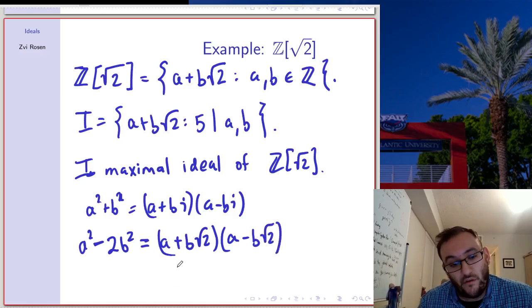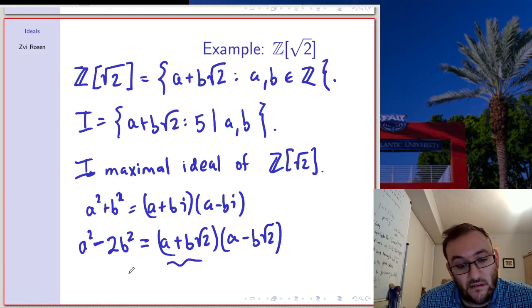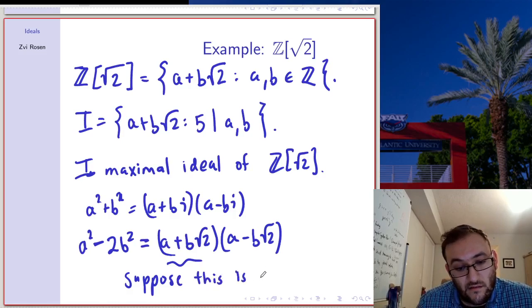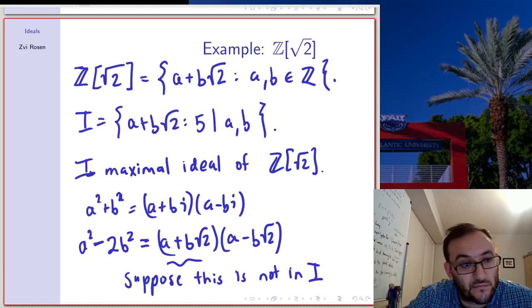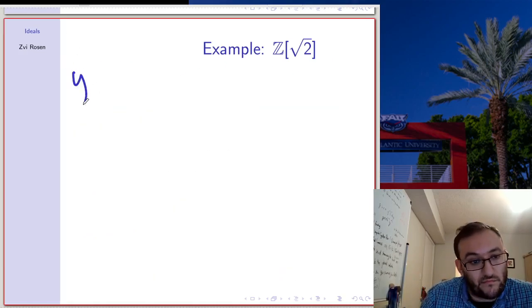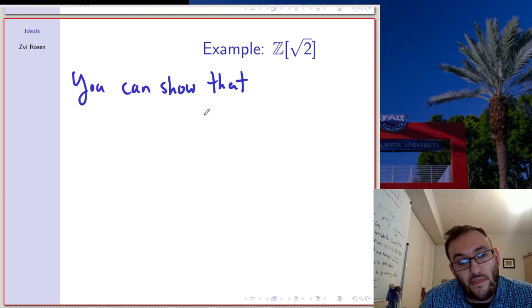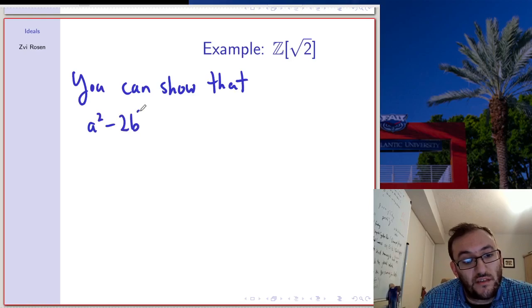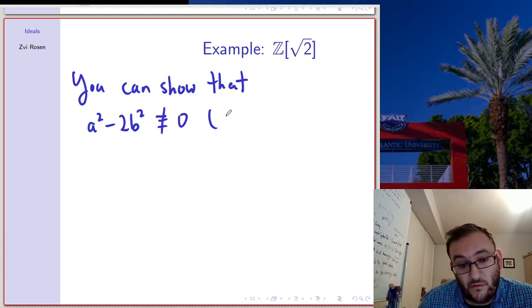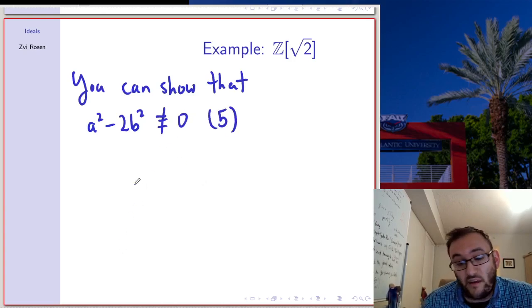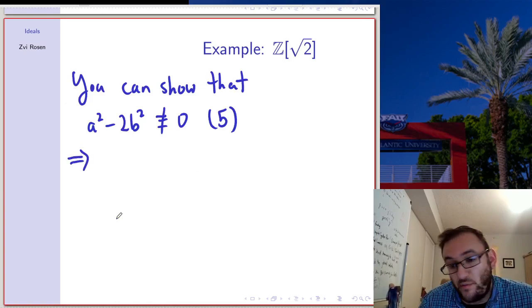Okay, so suppose this is not in the ideal, you can show that a squared minus 2b squared must not be divisible by 5. Okay? It's not congruent to 0 mod 5, which means that you'll be able to construct 1.